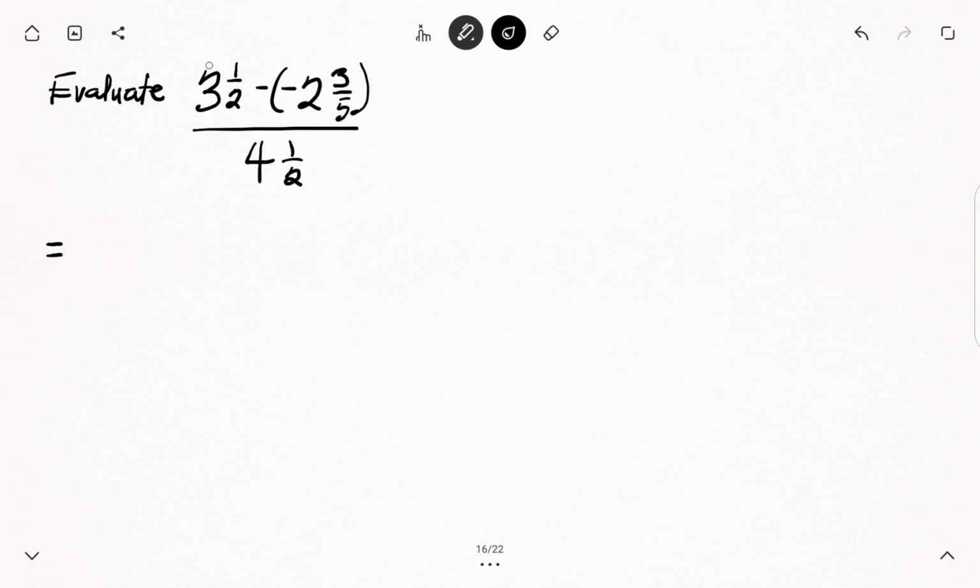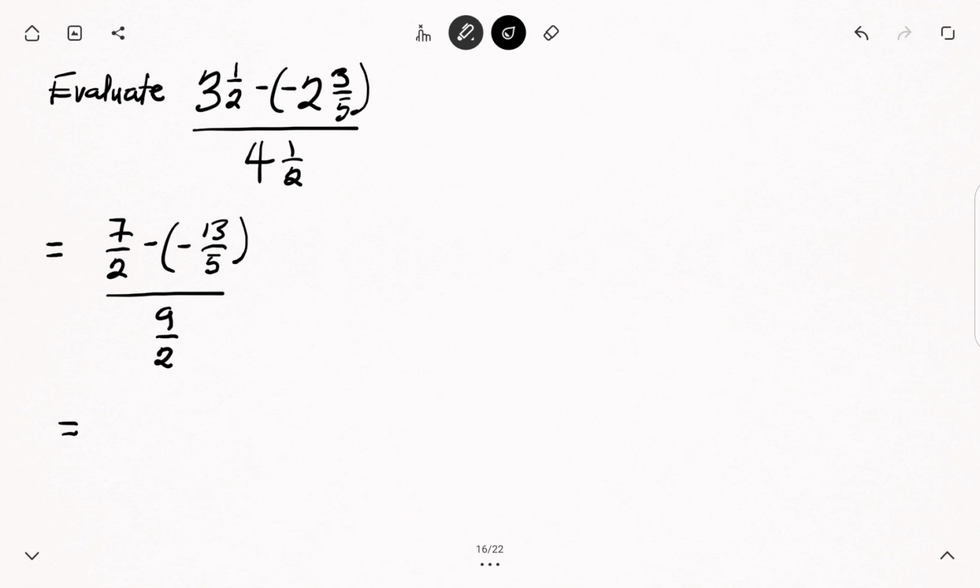So I use the whole number here, 3, and I multiply it by the denominator, then I add the result to the numerator. So 3 multiplied by 2 will give me 6, plus 1, that will give me 7 on 2, minus into bracket minus 2 multiplied by 5 will give me 10, plus 3, that is 13 on 5, all divided by 4 multiplied by 2 will give me 8, plus 1 will give me 9 on 2.